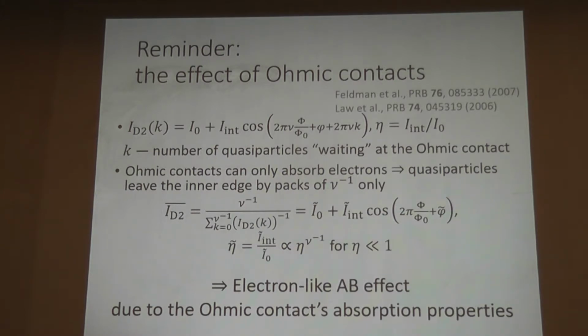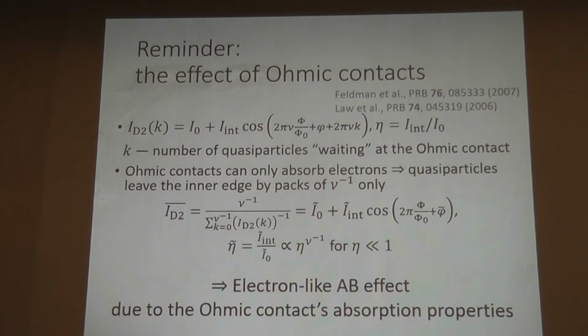So I remind you, the effect of ohmic contacts was that I put a statistical phase. The first quasi-particle came, it felt one statistical phase, the next one came, it felt another statistical phase, and eventually several quasi-particles came and went to the ohmic contact, but all of them felt different statistical phases. But now I can imagine the following scenario.